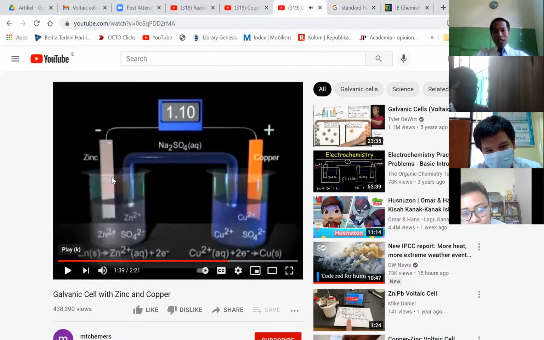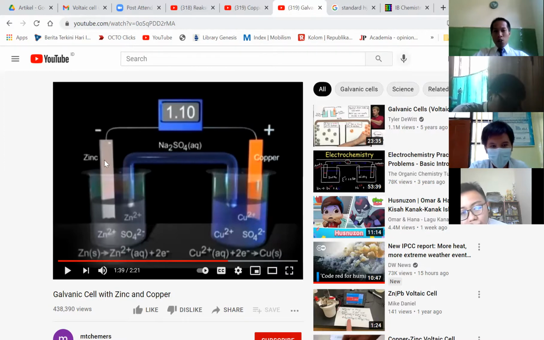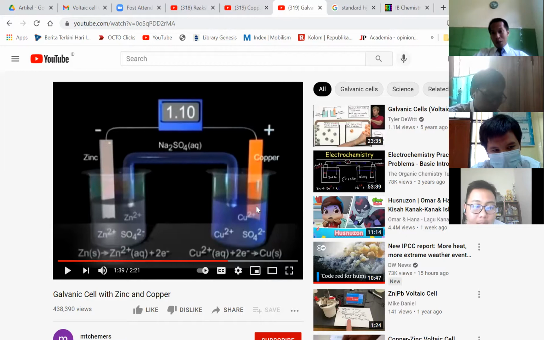So what happens on the left side, the zinc electrode releases electrons, and the electrons go through the wires to the copper electrode. This electron will be captured by the copper 2+ ion, and the copper 2+ will be reduced to copper. So there will be a deposit of copper on this electrode.